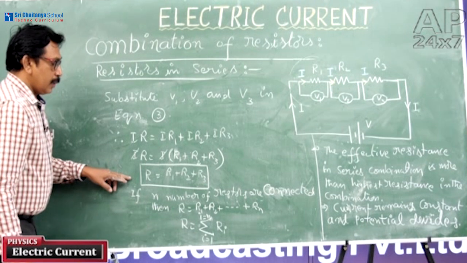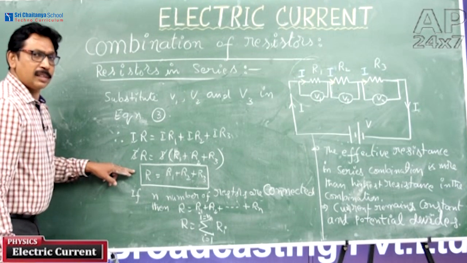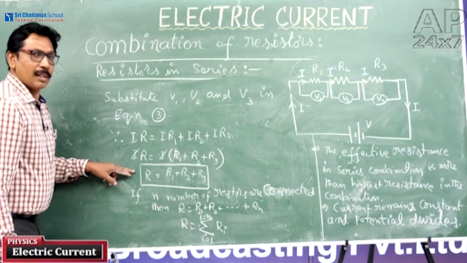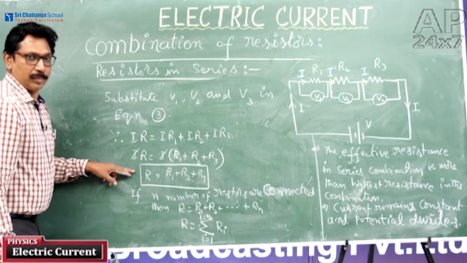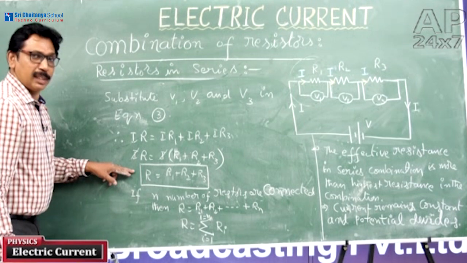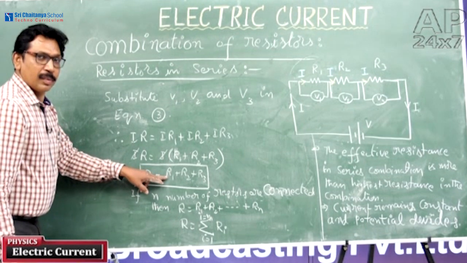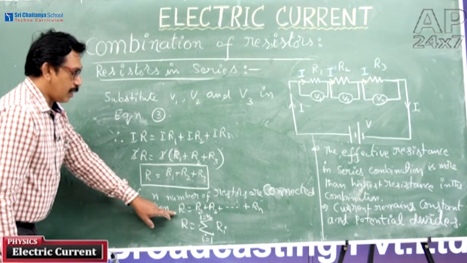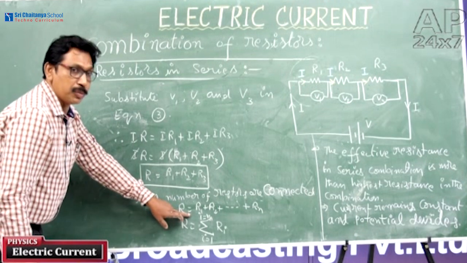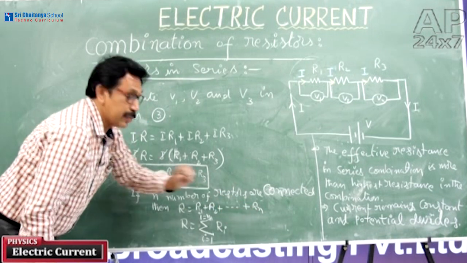When resistors are connected in series, the effective resistance is always the algebraic sum of all the resistances. I repeat, the effective resistance in series combination is the algebraic sum of resistances. So the resistance value R is equal to R1 plus R2 plus so on up to Rn.